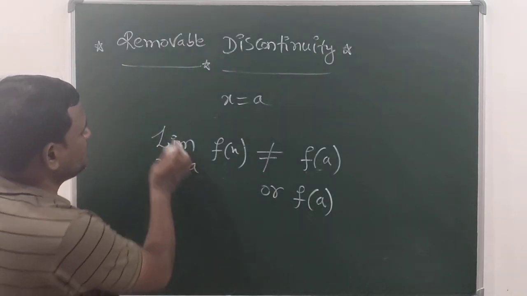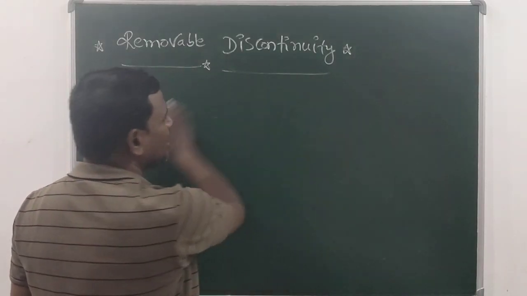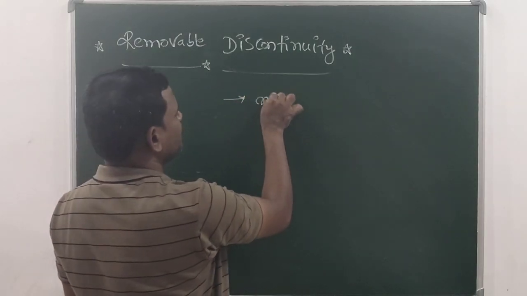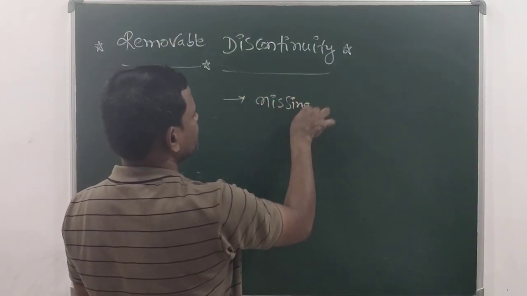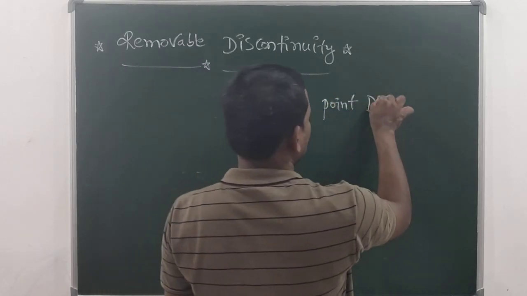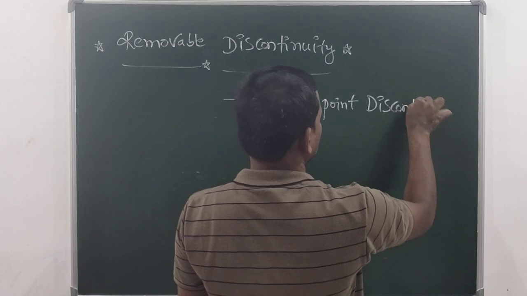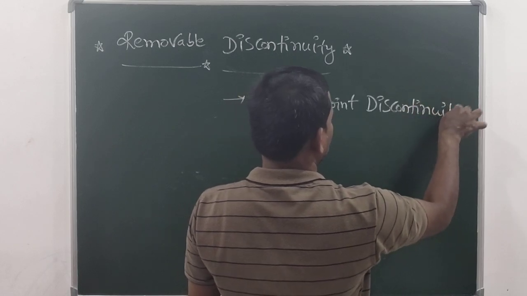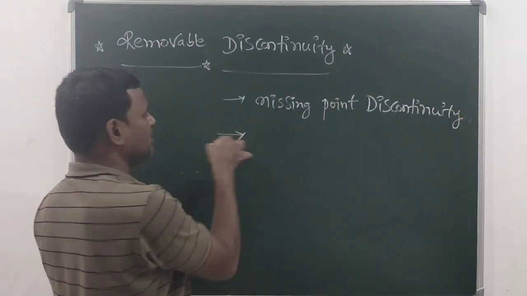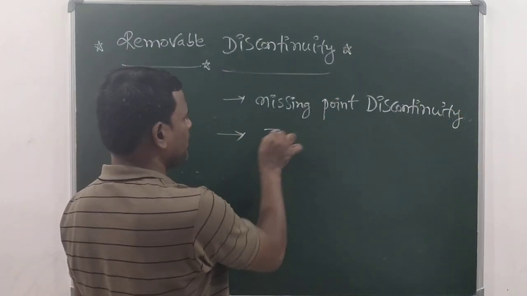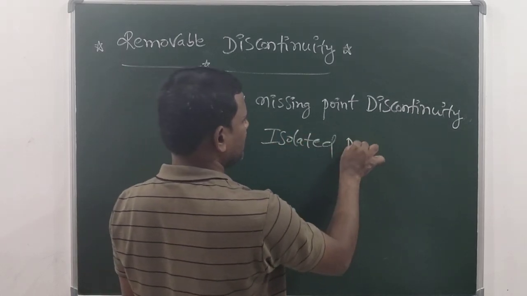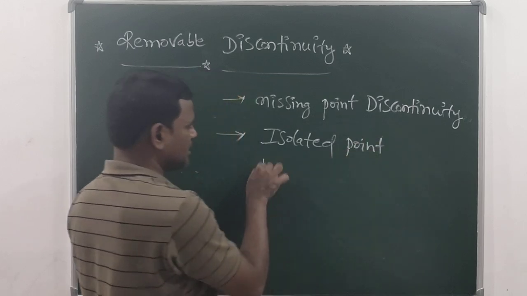Okay, so under this removable discontinuity, there are two more points. One is called missing point discontinuity. And the next one, isolated point discontinuity.